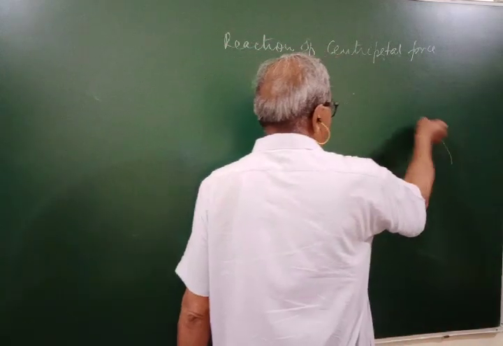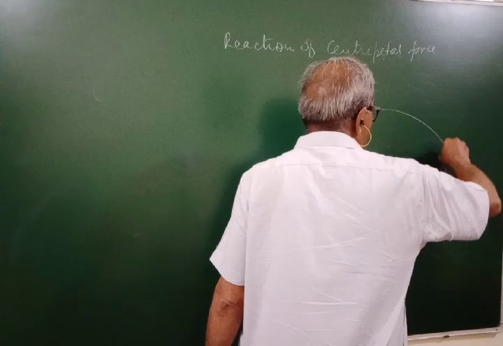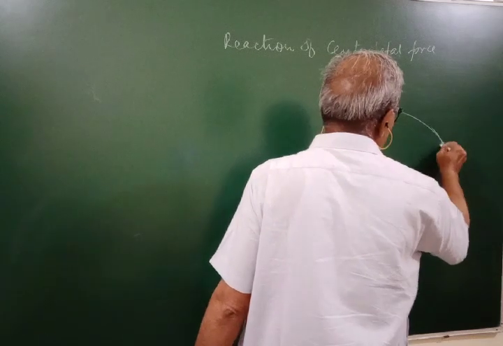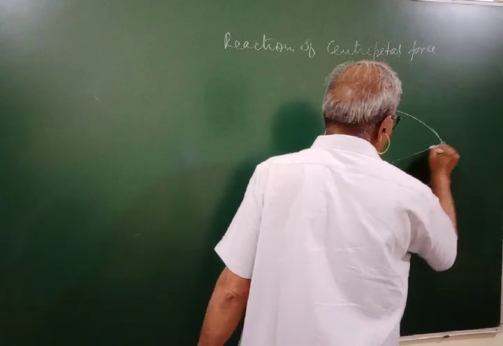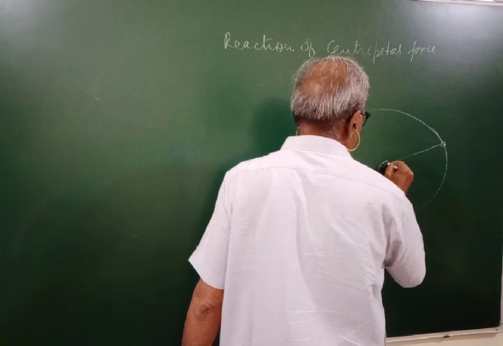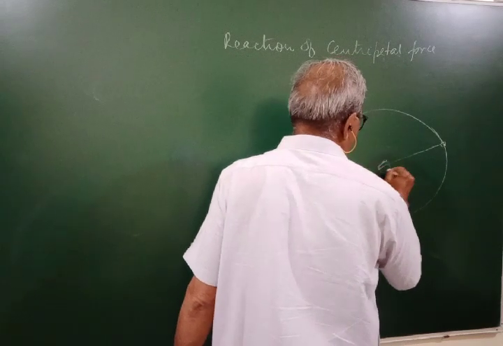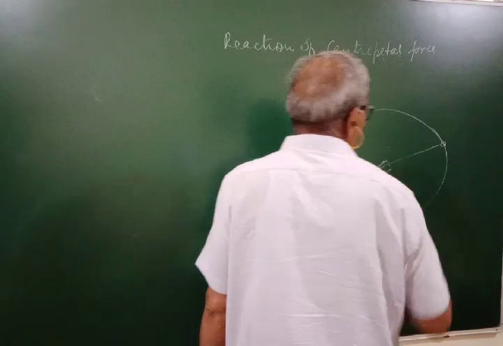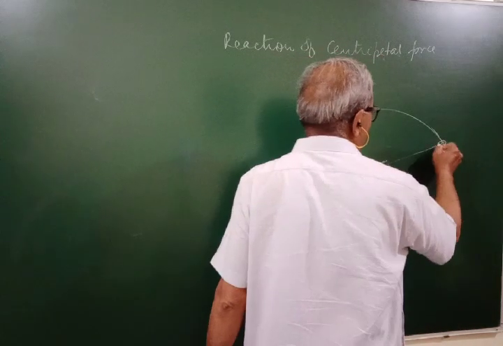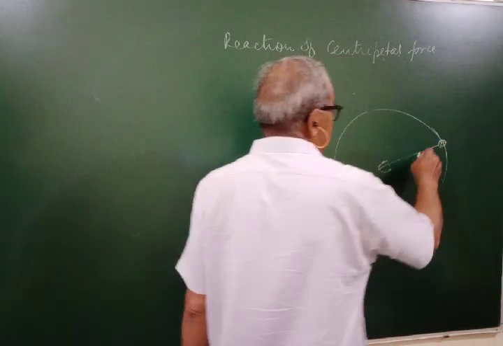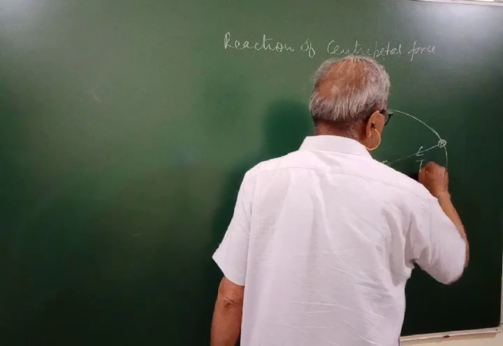Suppose we are rotating a stone tied to a string held in the hand. Here is your hand. The stone is held by our hand, so there is tension in the string.